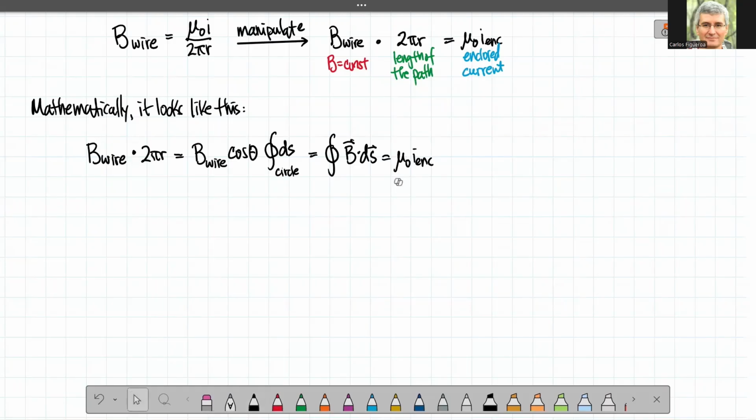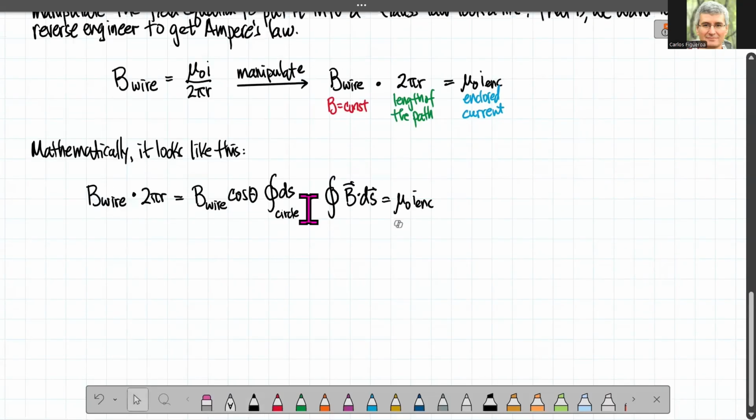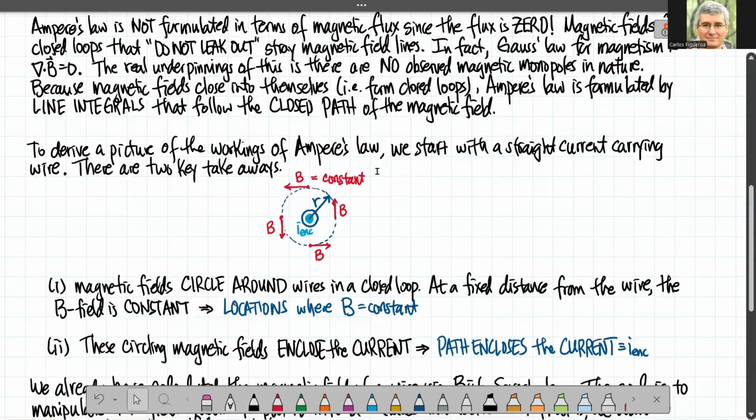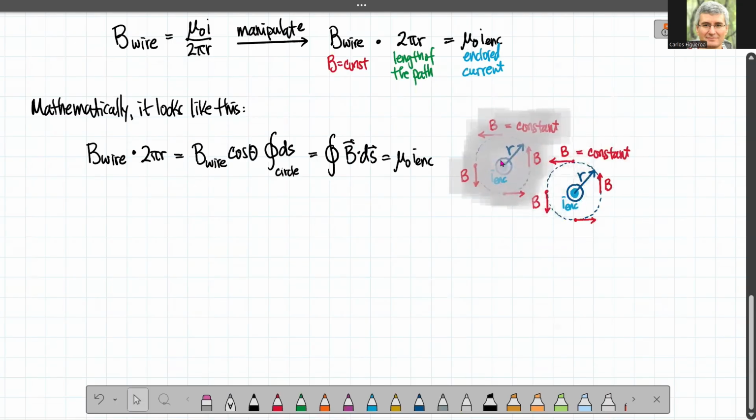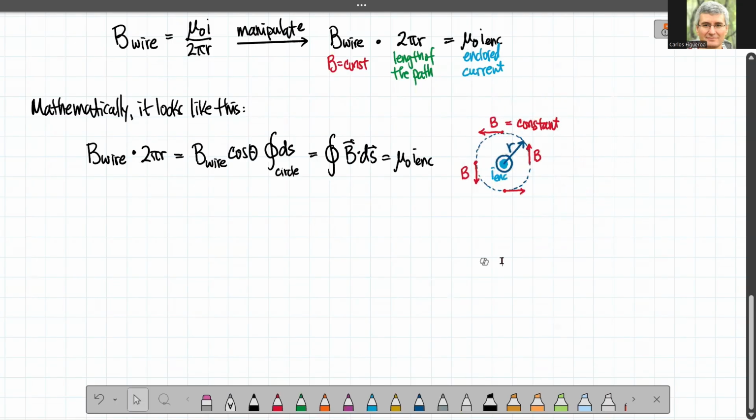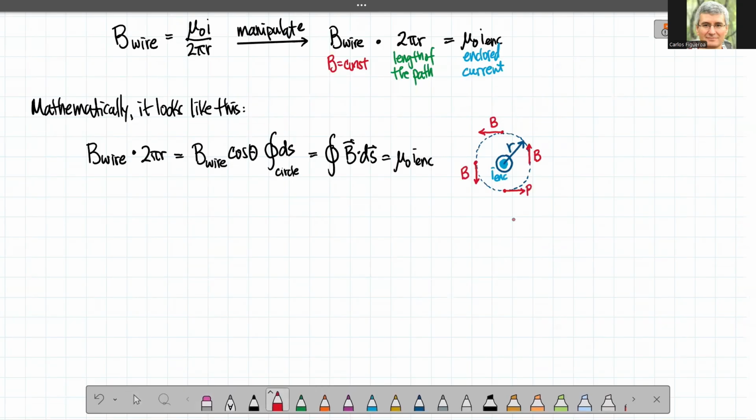Now what we should do here is come in and get a copy of this. Let me copy this here and bring it down, and then I'm going to modify it. And what does this picture say? We already know that the magnetic field is a constant. We have I enclosed, so now I just have to pick my path. If I pick my path, I'm going to erase these.